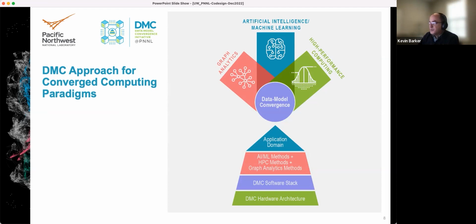And how do we go about achieving such a thing? So for the rest of the talk, basically, I'm going to talk in a bit more depth, in a little bit more detail, about DMC's approach to achieving this kind of vision and some of the groundwork that we've laid up until this point in terms of projects that have been under the DMC portfolio and how those support different aspects of this vision of a unified software stack.